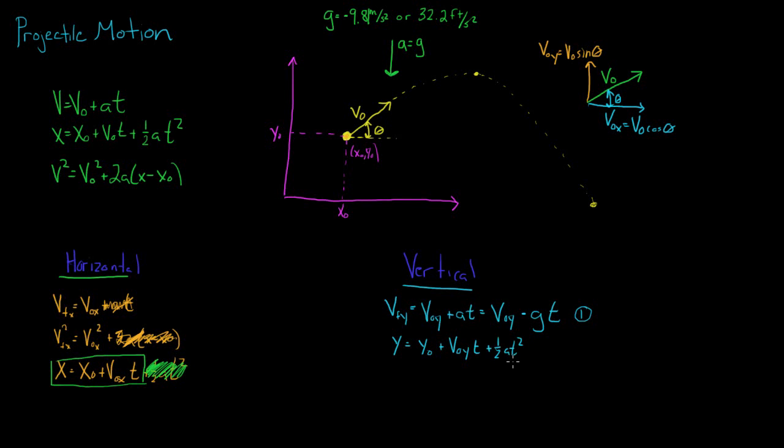And again, we know a is gravity, and it's pointing in the minus direction, so we have y naught plus the initial velocity in the y direction times time minus 1/2 gravity times time squared. And this is our second equation.